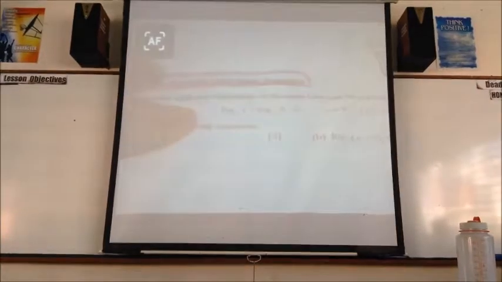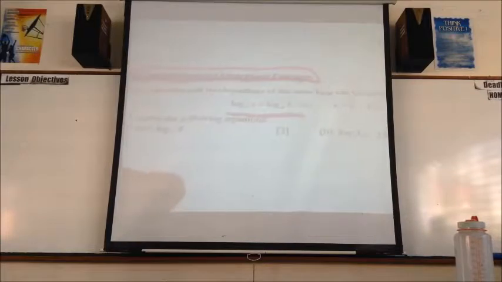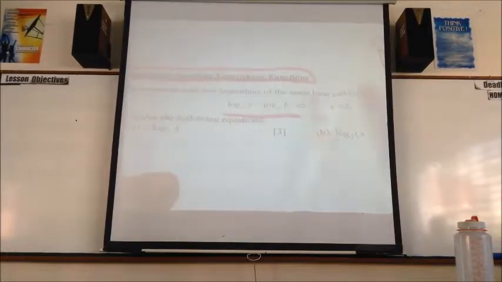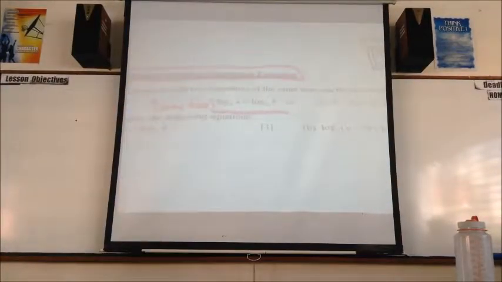Okay, so the idea is this: if in the equation both sides have log, is the base the same or different? It must be the same base. So this is condition 1. Condition 2 is x and b must be more than 0.